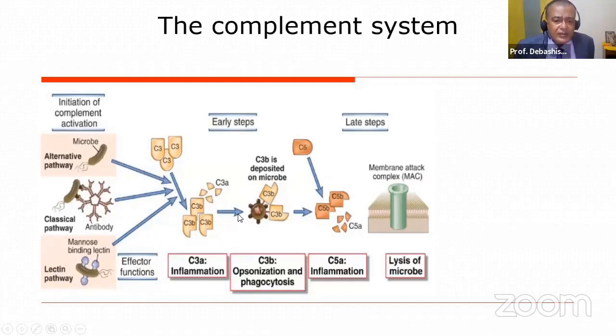C3b eventually is deposited on the microbes and opsonization happens and it causes phagocytosis, and this can act on C5, dividing into C5b and C5a. C5a produces inflammation like C3a, and finally this activates the membrane attack complex, C5 to C9, causing lysis of microbes as the last step.